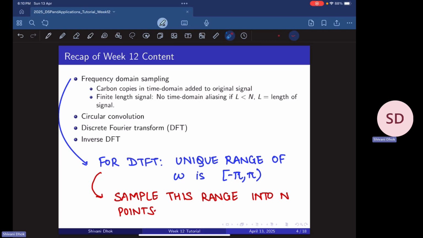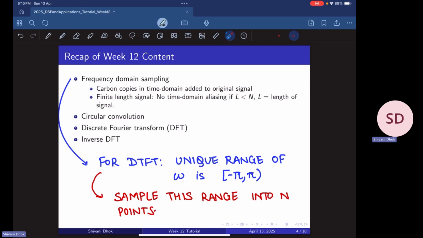Since we have replicas at every integer multiple of N, if the signal length is more than N, we will get time domain aliasing. However, if the signal length L is less than N, then we won't get any time domain aliasing; there won't be any overlapping and adding phenomena.